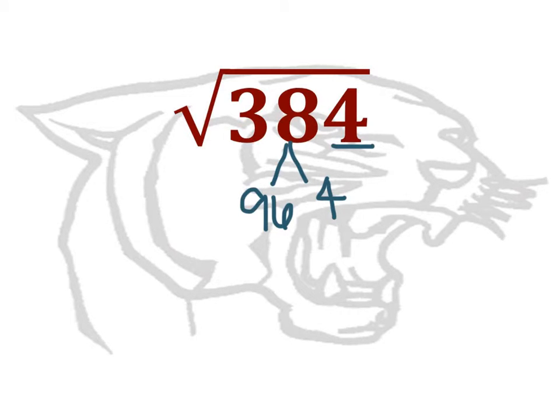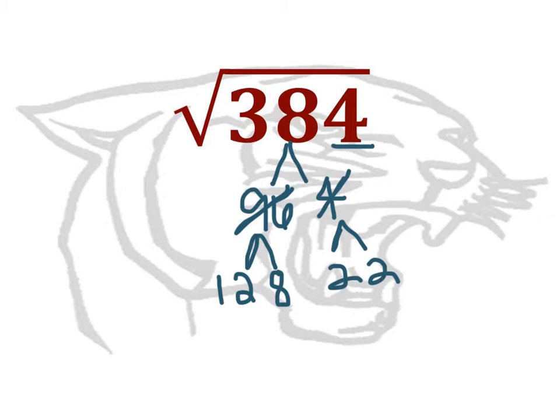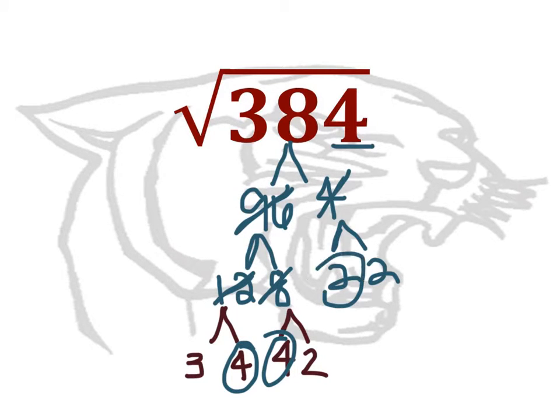Now we can factor 4 to be 2 and 2. And we can factor 96 to be 12 and 8. 12 will factor to be 3 and 4, and 8 will factor to be 4 and 2. If you notice, we have 2 4s, we have 2 2s.